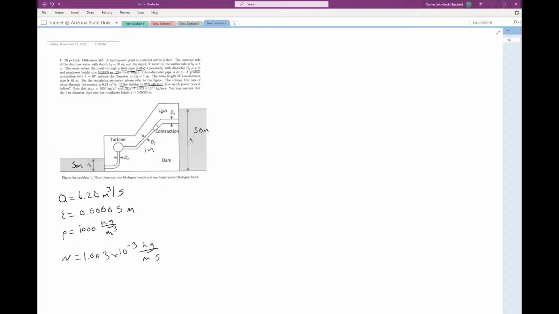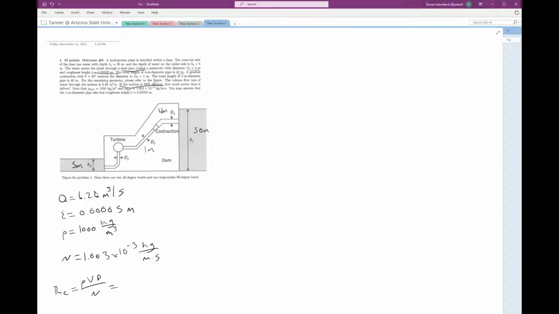So the first thing that we're going to do here, the way I always start these problems, my first instinct is just to find my Reynolds number. So remember, a Reynolds number is defined as rho V D over mu. If I plug in my knowns, I'm going to need to find velocity first, but I should be able to do that based on my volumetric flow rate.